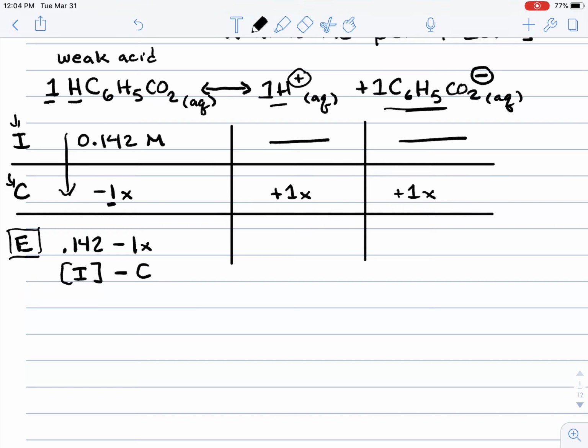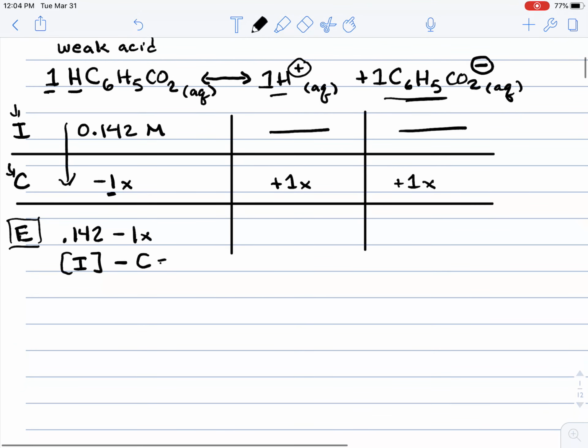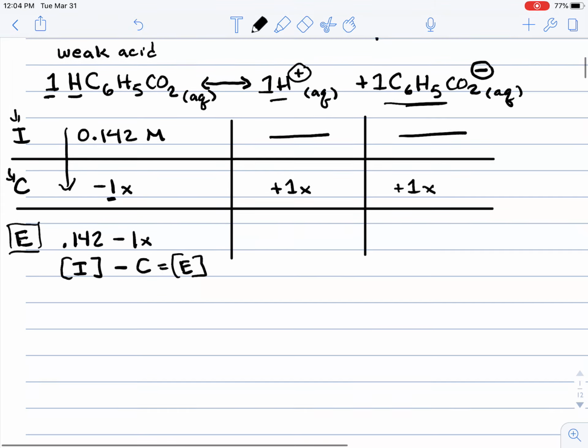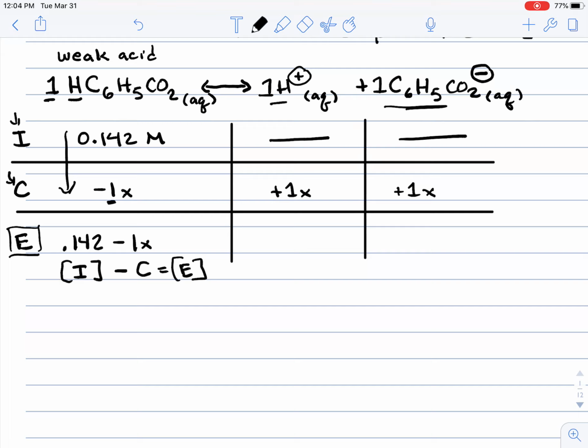And then that's always going to equal your equilibrium concentration. And so when we're adding down in this column, it's going to be 0 plus 1x, or just plus 1x. And same thing for the last column.